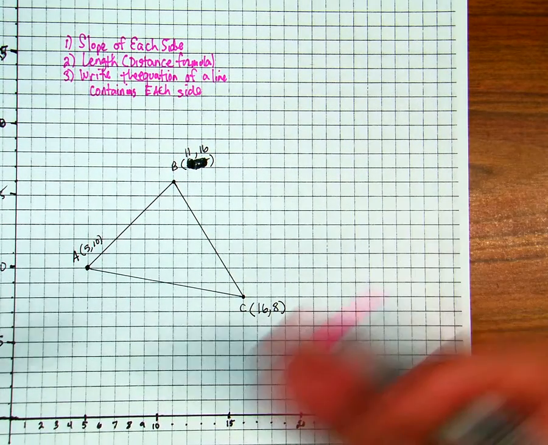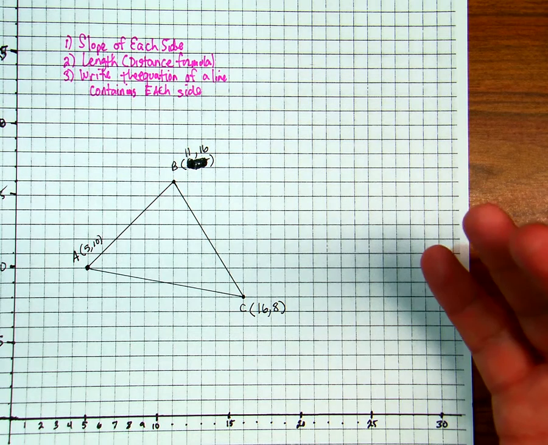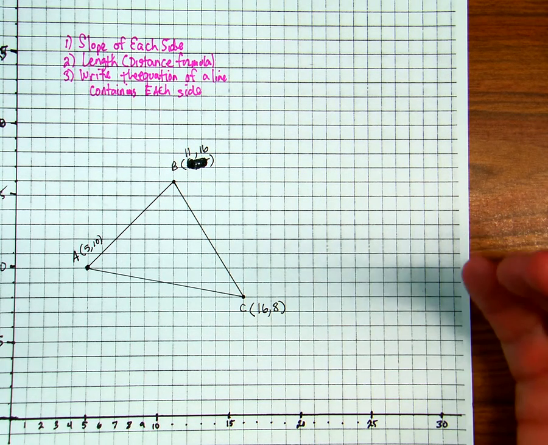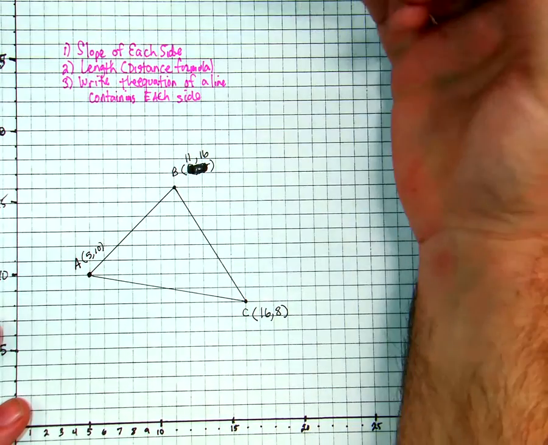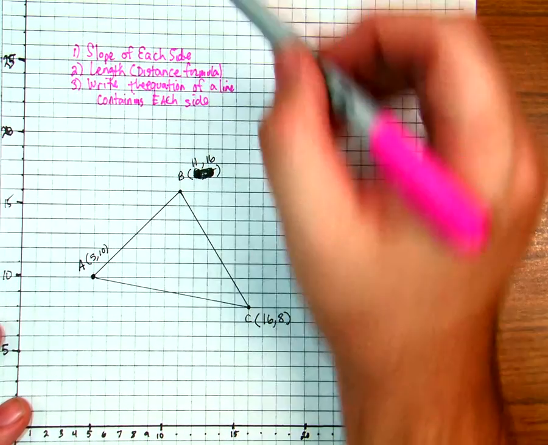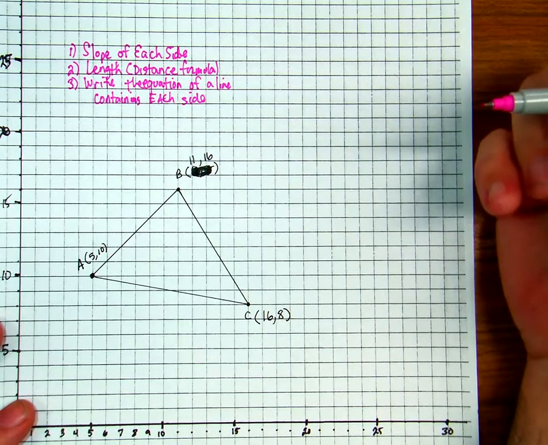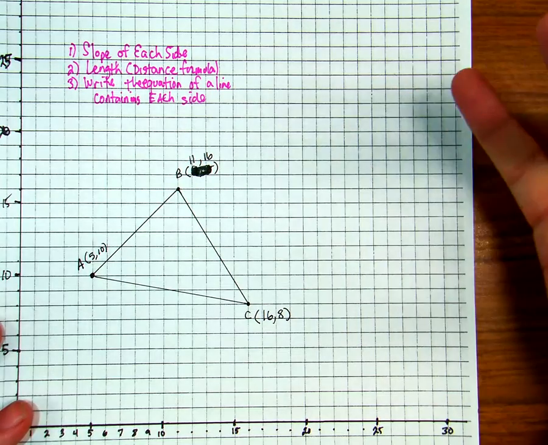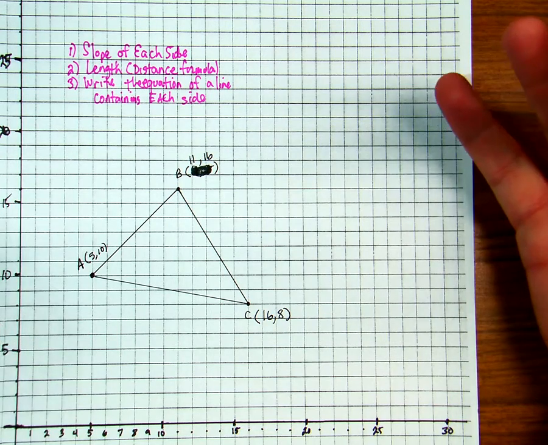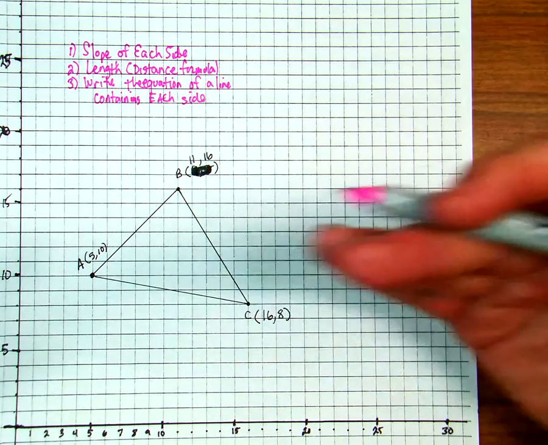Now, if we start approaching this as one side at a time, things are going to be a whole lot easier for us. So, we're going to be calculating slope, length, and then the equation of the line. And the big example that's going to be given to you, once you have it once, all you have to do is, there are three sides to it, so you're going to have to do these three steps 3 different times.